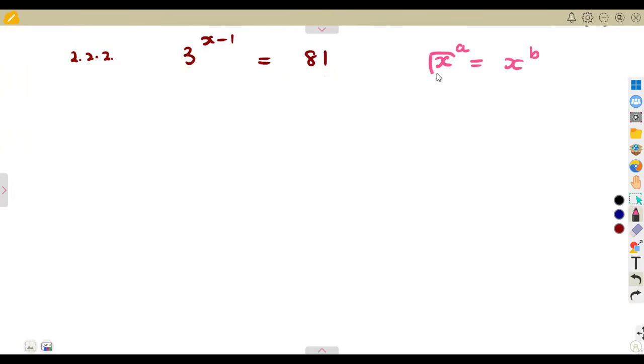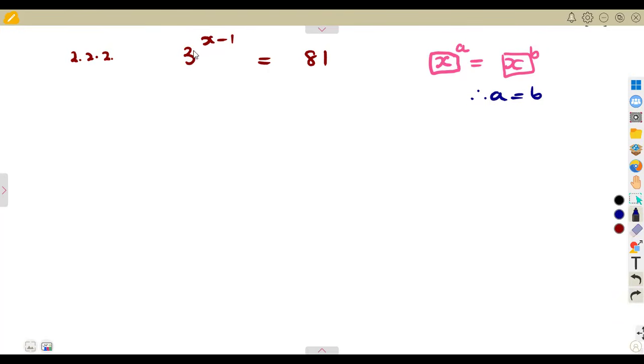If these two bases are the same, it follows that the exponents will be equal. By default, your exponents will be equal.